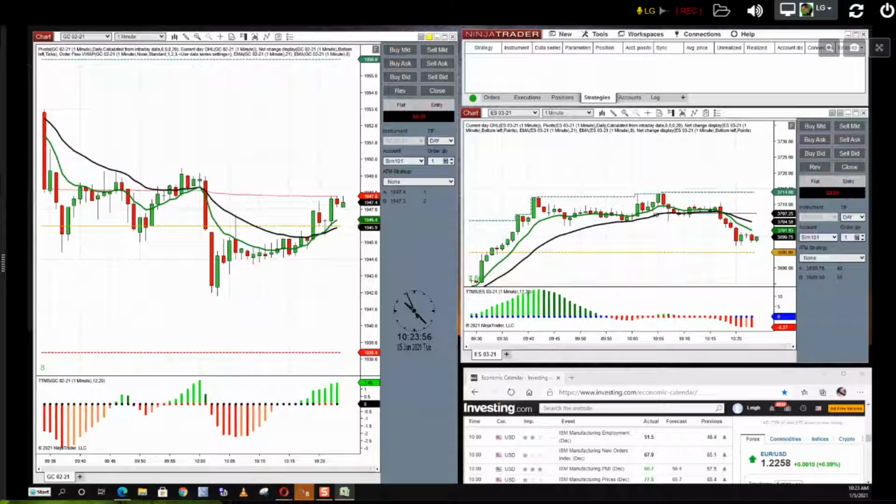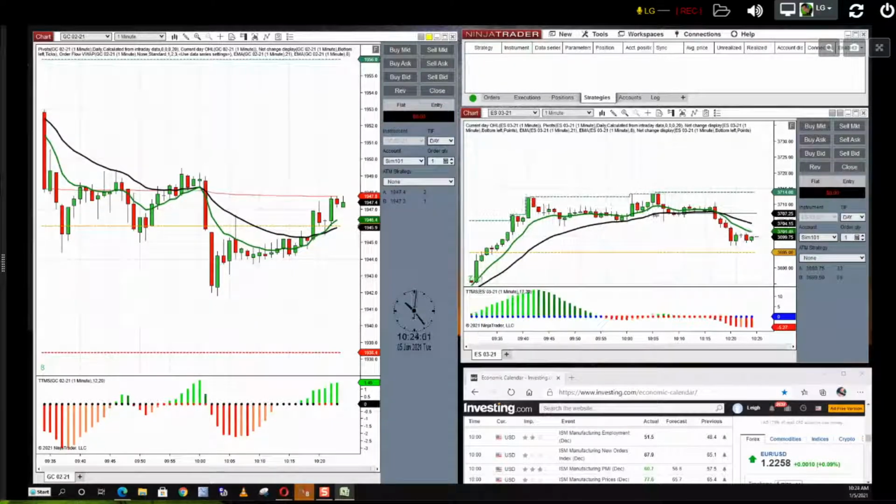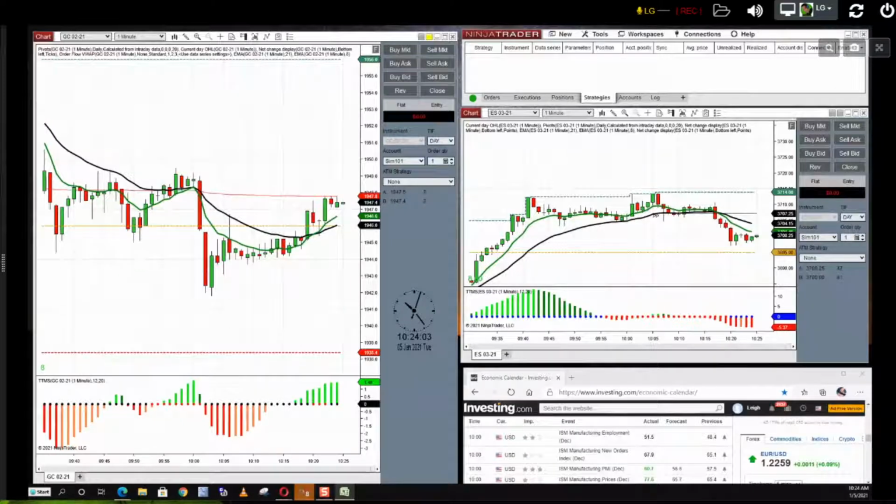So make notes on all your trades. If I didn't move my stop, I would have made a bigger profit, so I'll keep that in mind for next month. And that was a good setup. It worked perfectly.